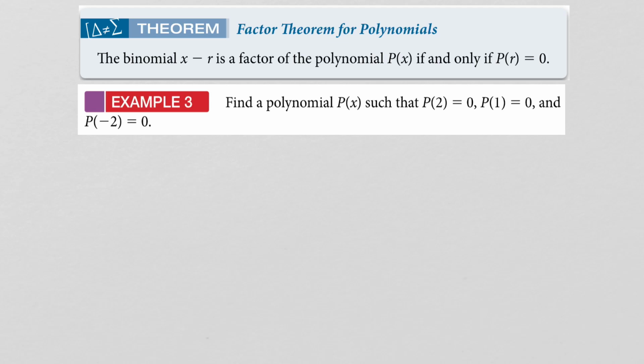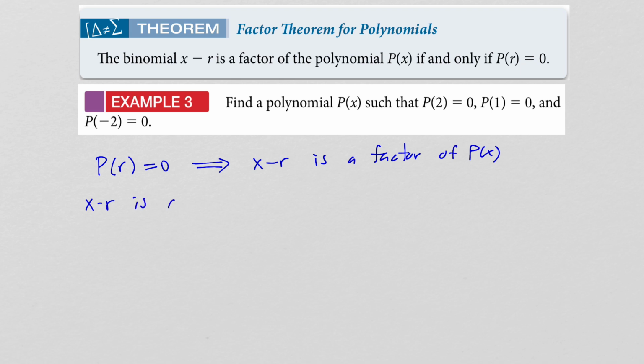So what this means is that if p of r is equal to 0, this implies that x minus r is a factor of p of x. And it also says that if x minus r is a factor of p of x, this implies that p of r is equal to 0.